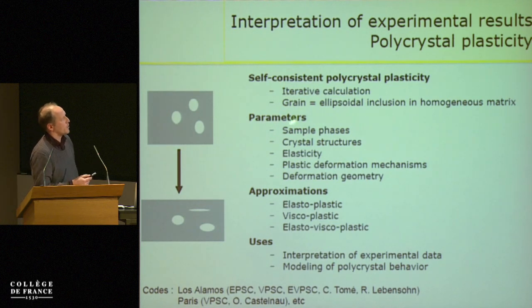The parameters that we can play with are crystal structures, elasticity, plastic deformation, and the geometry with different approximations. Those codes are really important because we can use them not only for the interpretation of the experimental data, but also, once we have calibrated the codes based on experimental data, we can model the polycrystal behavior in any geometry.